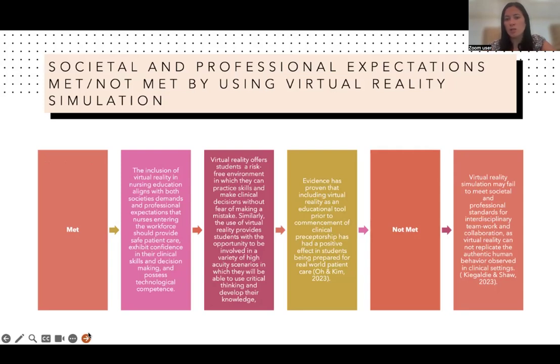Evidence has proven that including virtual reality as an educational tool prior to clinical preceptorship has had a positive effect on students being prepared to practice in the real world patient setting. A limitation of virtual reality is that we won't be able to meet the competency of interdisciplinary teamwork and collaboration if we only use virtual reality simulations as a teaching method.